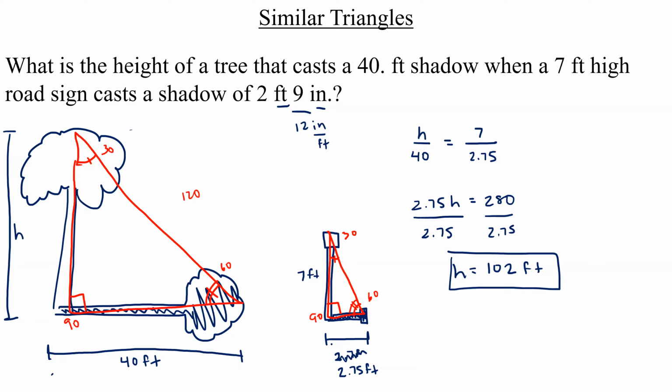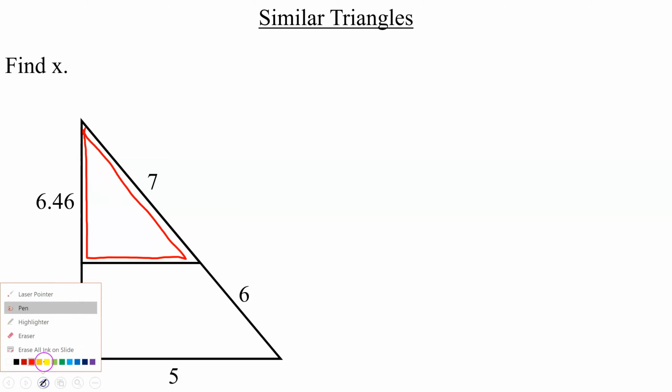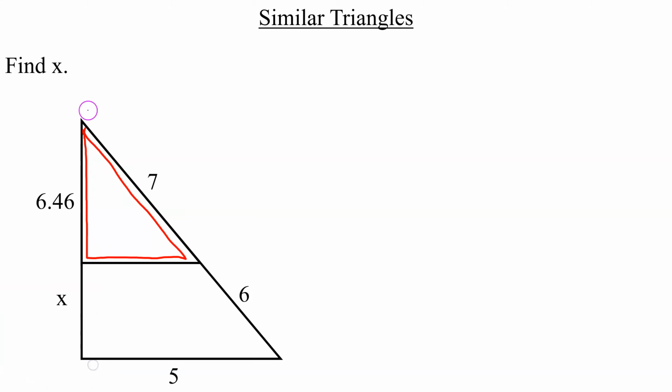Let's try a second problem. In this problem, we're being asked to find x. So this is a similar triangle problem. So what we need to do is figure out where there are two triangles. We see one triangle right here. And then there is a second triangle right here.